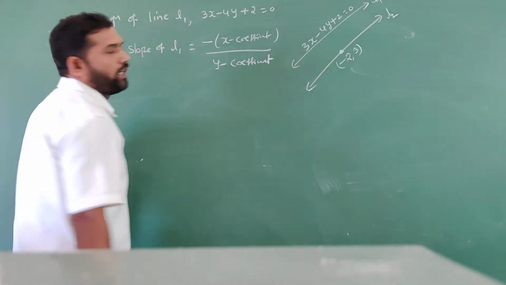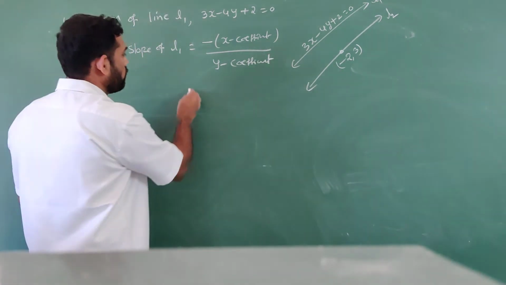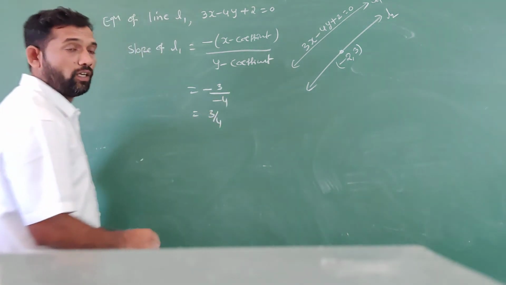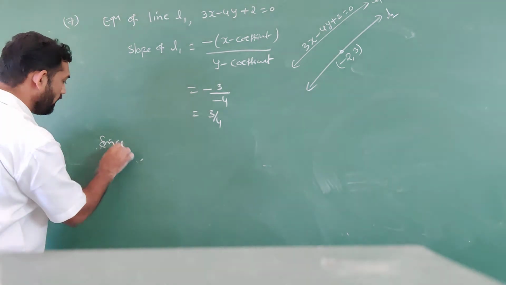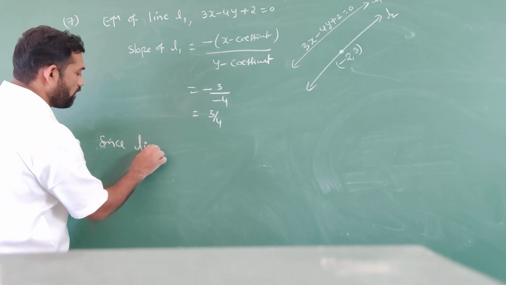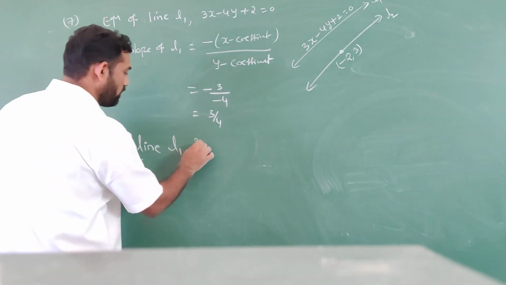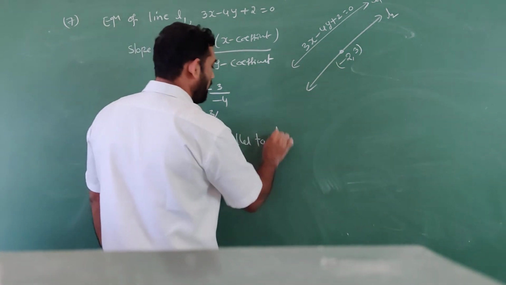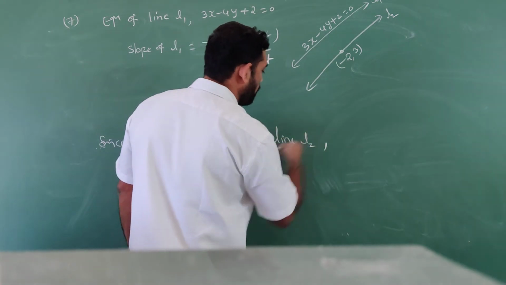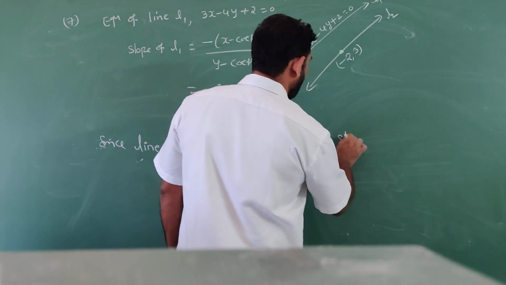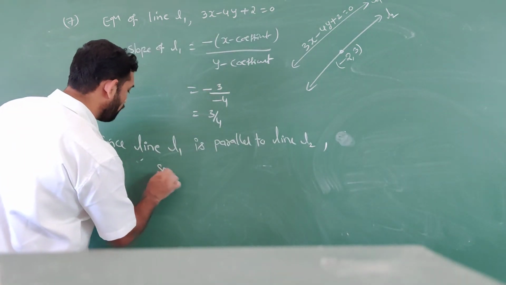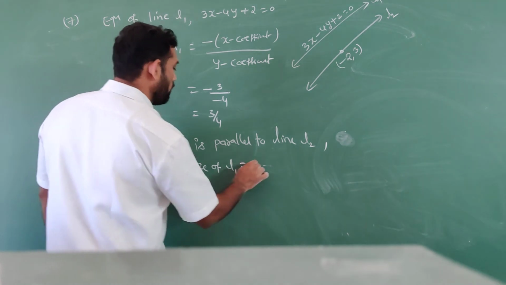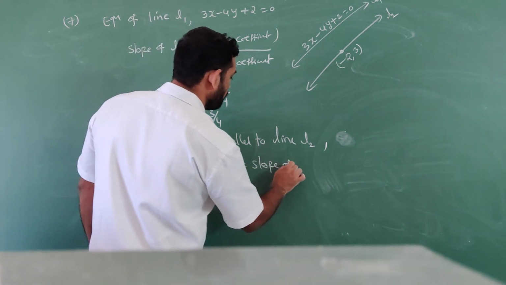X coefficient by y coefficient. Line is given, this is the formula. So minus 3 by minus 4. Simplification gives 3 by 4. So since line L1 is parallel to line L2, the slope of L1 is equal to the slope of L2.